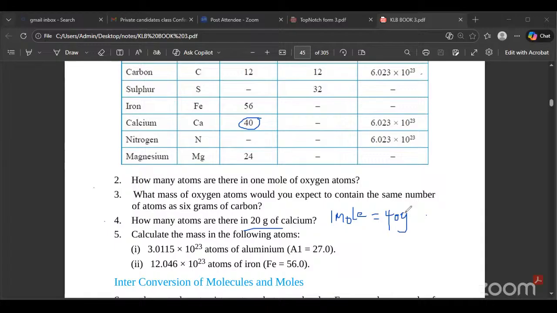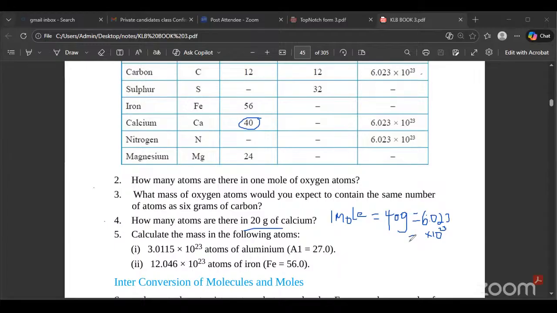This is where the calculator helps us, with the number of atoms. It has 6.023 by 10 raised to 23. It is a positive 23, which means it is a very big value.